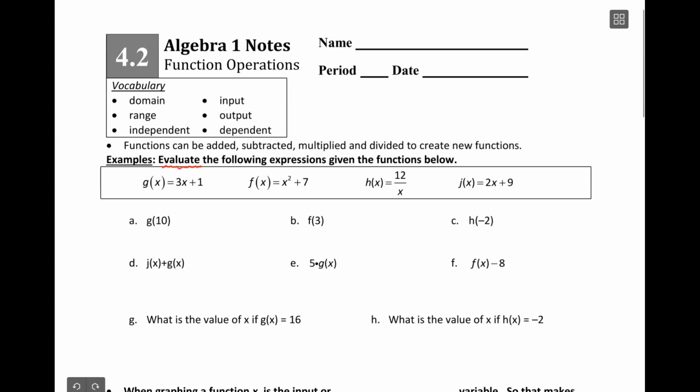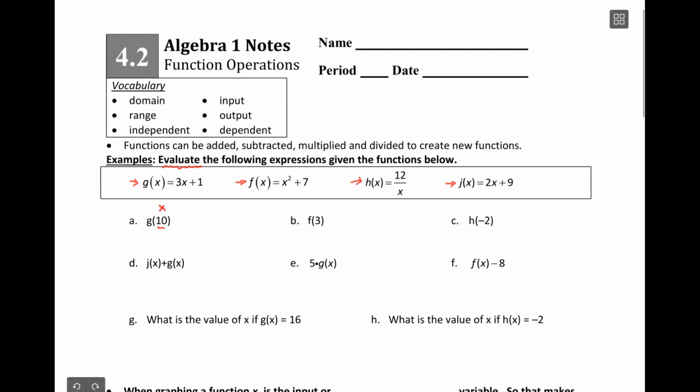So you can see I've got 4 functions right here. I have a function named function g of x equals 3x plus 1. I've got function f here. I have function h. And I have function j. Okay. So what it means to evaluate a function is whenever I have g of 10, it means this is the x value.